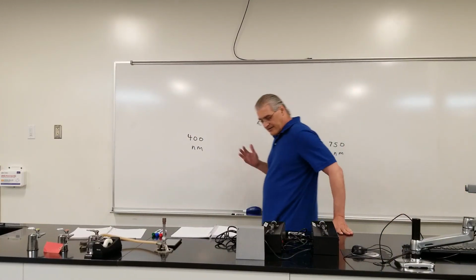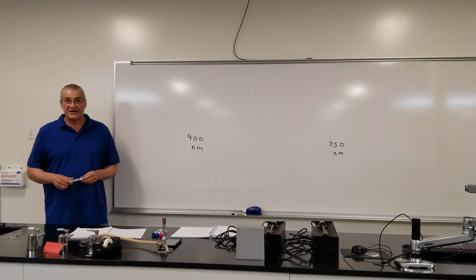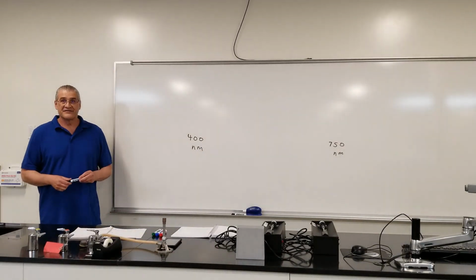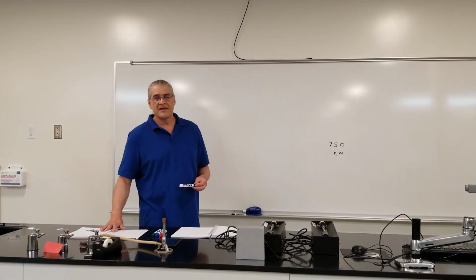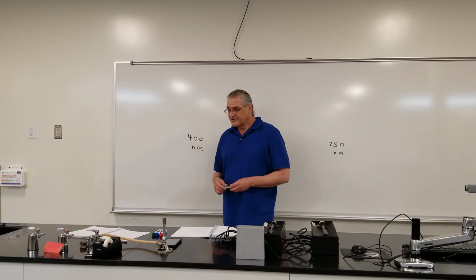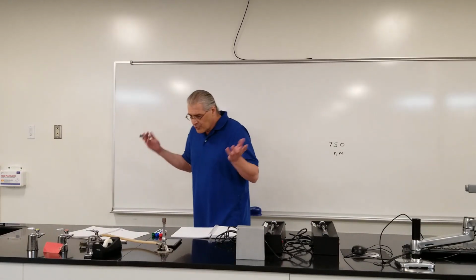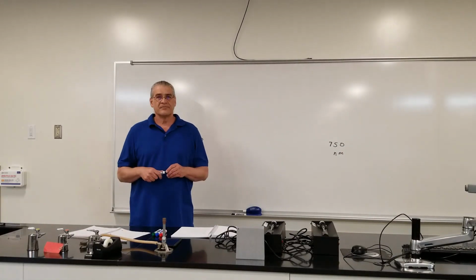Now, a little background. You're dealing with electromagnetic radiation here. The light that you're viewing is a form of electromagnetic radiation. You should be familiar with EM radiation from your lectures. If you're not, quick review. Electromagnetic radiation is energy.